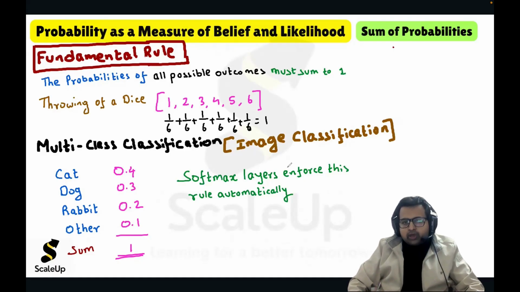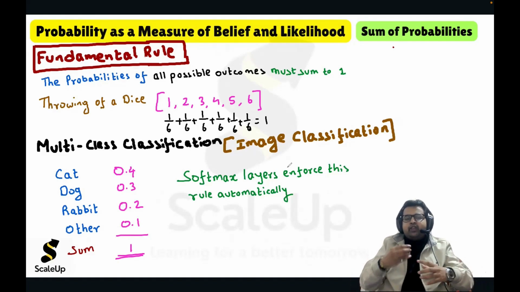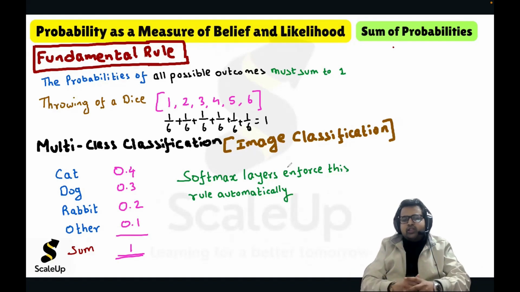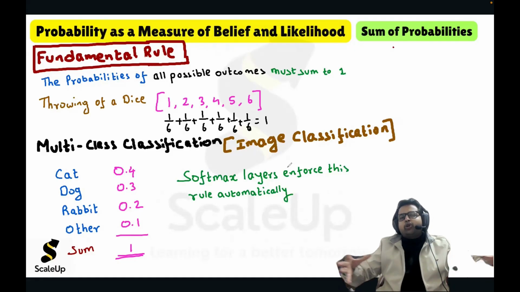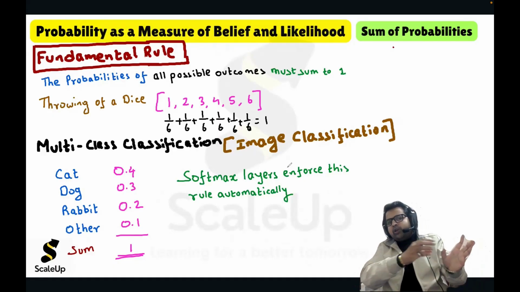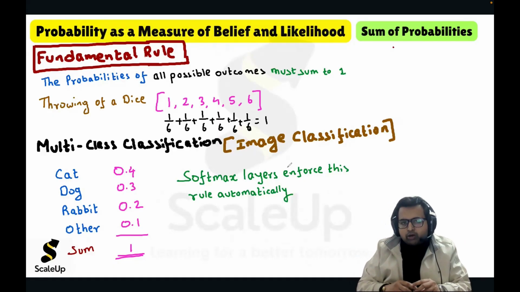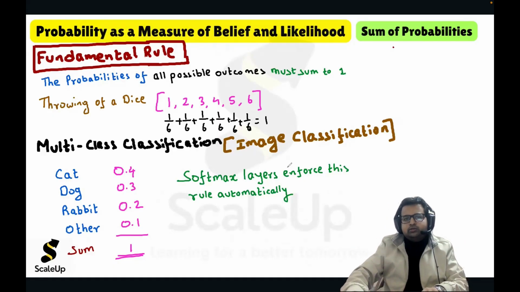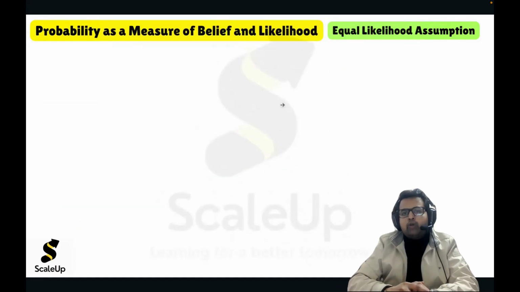So always remember, whenever you are dealing with an uncertain process where we don't know the outcome, we have a set of possible outcomes. The sum of probabilities of all the possible outcomes has to be one. That's the idea.